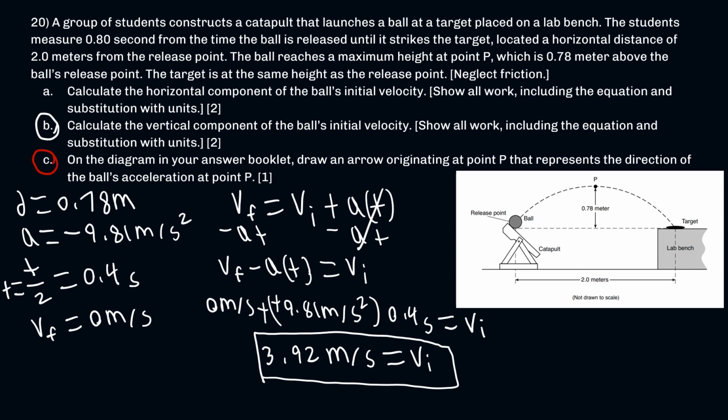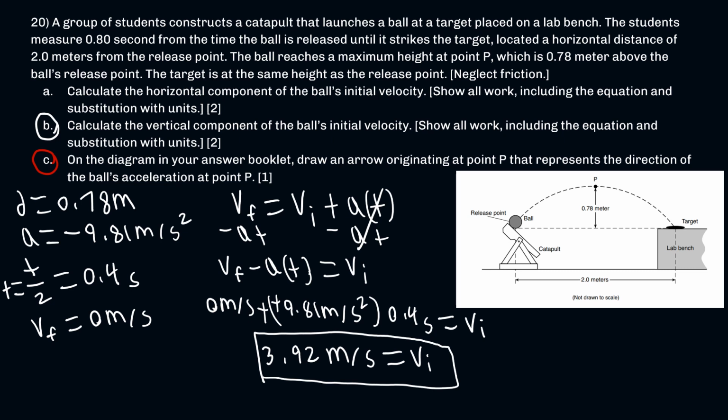So looking at the diagram, draw an arrow originating at point P that represents the direction of the ball's acceleration. All right, so we've done a little bit of acceleration in parts A and B. So now we're just drawing the arrow that represents this at point P in the diagram. In this part, we have here that my acceleration is negative 9.81 meters per second squared.